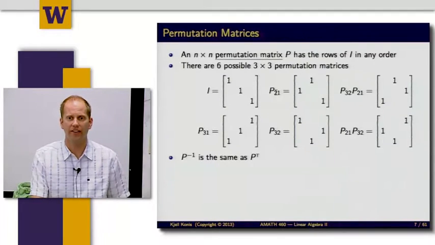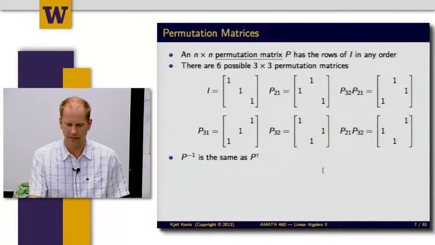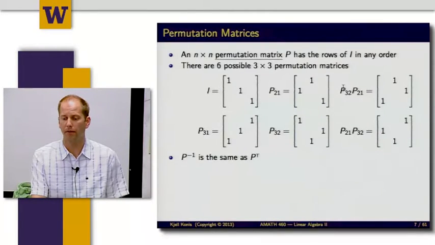You have the matrix, its inverse, and its transpose all being exactly the same matrix. For the more complicated ones, so if you want to swap more like pairs of rows, then you still have this property that P inverse is P transpose, but you don't have the property that these are their own inverses anymore.